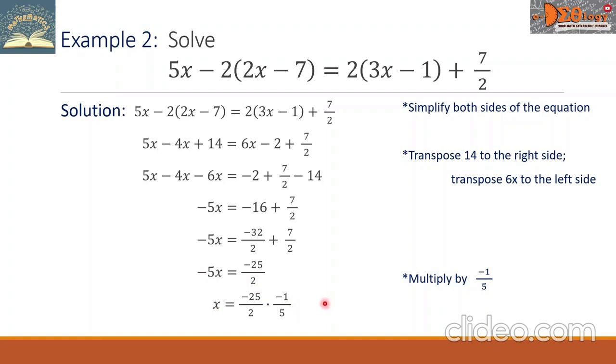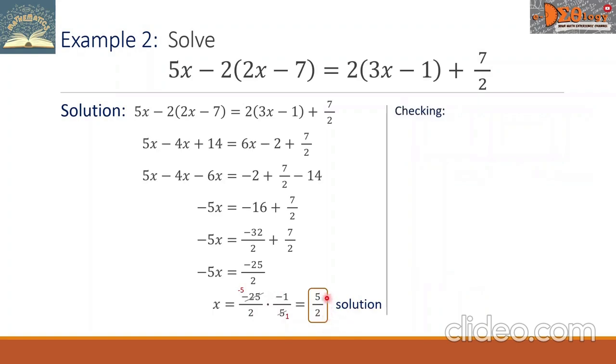When we simplify, we can cancel this negative 25 and the 5. Negative 25 becomes negative 5, and this 5 becomes 1. Then let us multiply. Negative 5 times negative 1 all over 2 times 1 is 2. This is the solution.